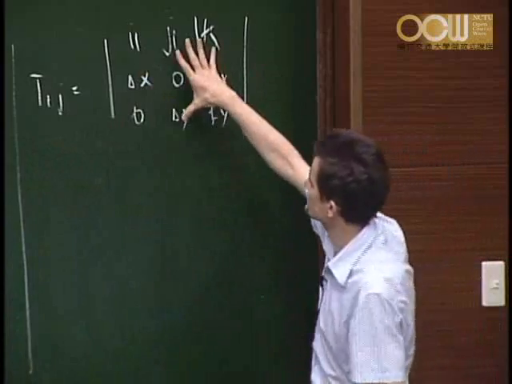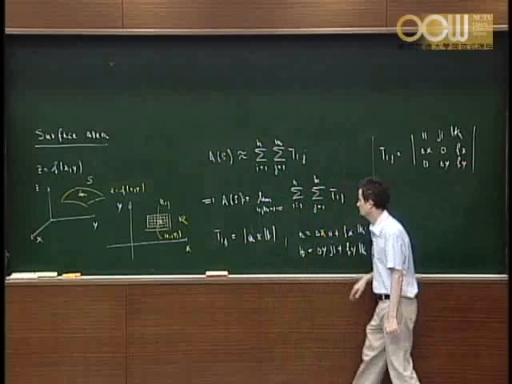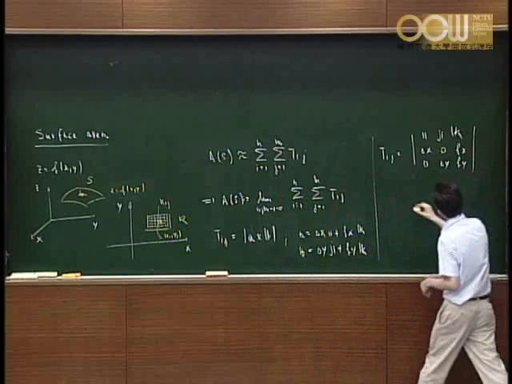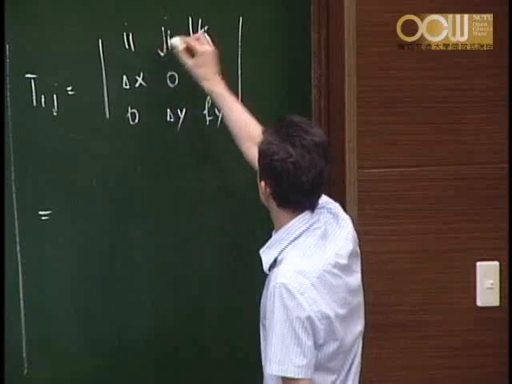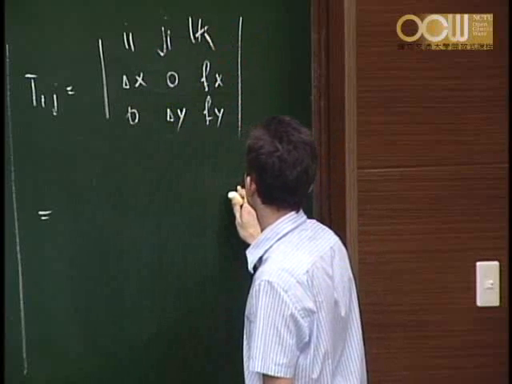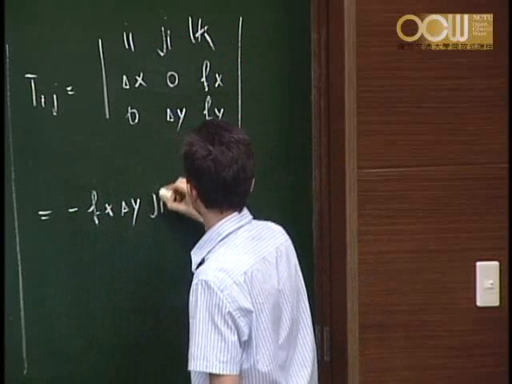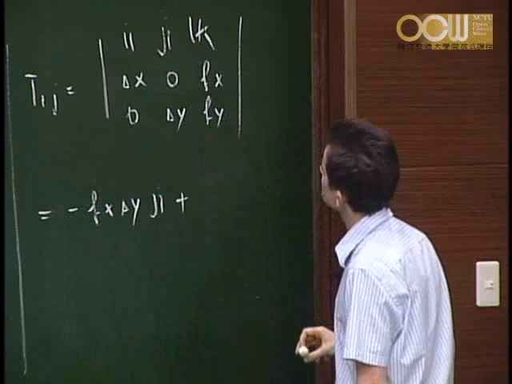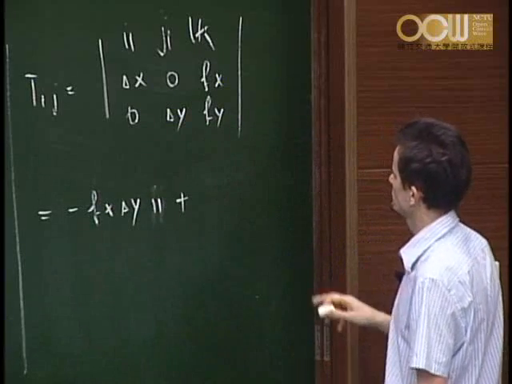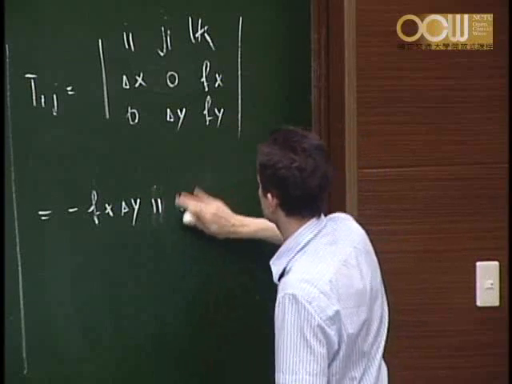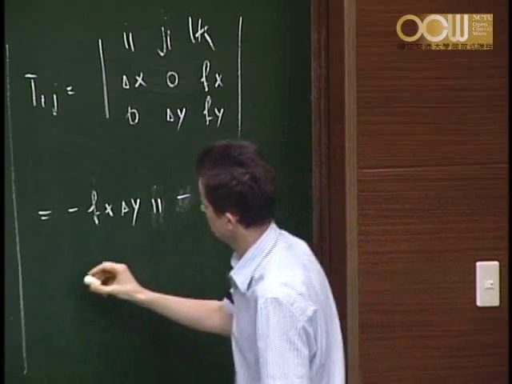This matrix by definition gives you the vector product. So in i direction we have minus fx delta y, then in j direction you have minus delta x fy.